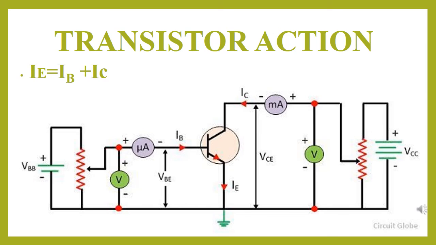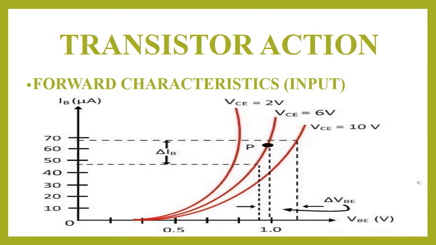Now VCE, the voltage across collector to emitter, and current IC, this is known as the reverse characteristics of the transistor, and the graph is between voltage VCE and current IC. So forward characteristics are known as input characteristics and reverse characteristics are known as output characteristics.